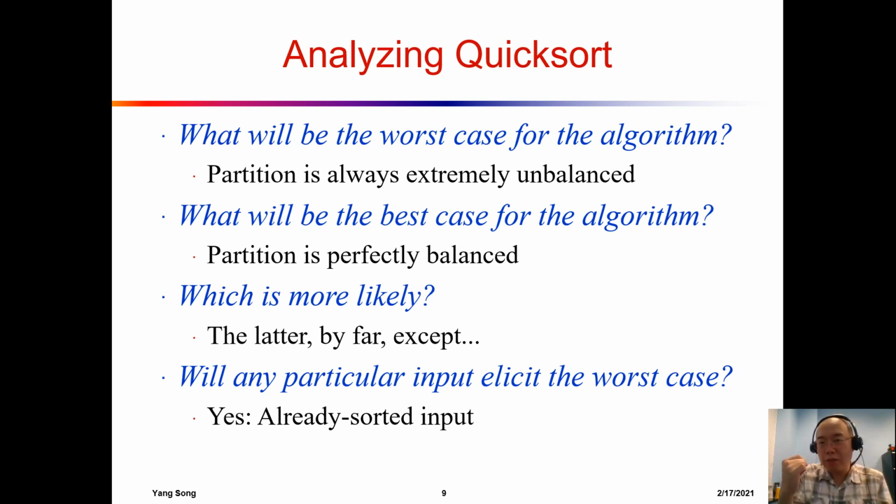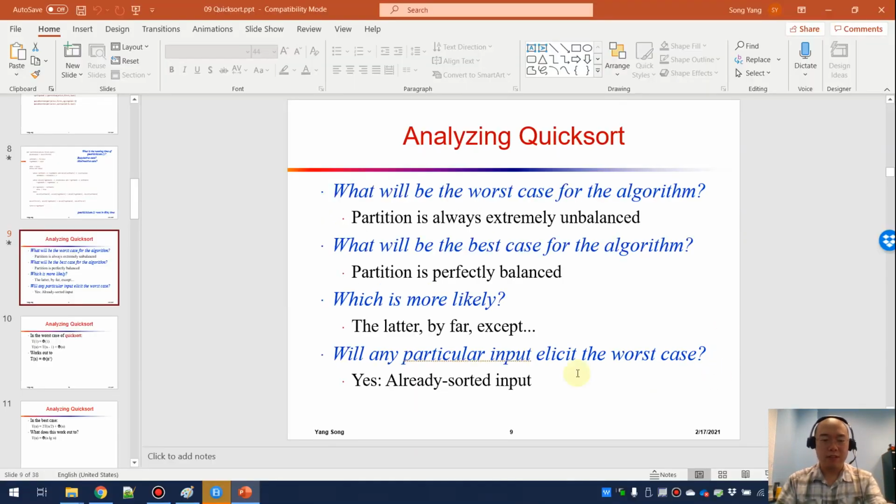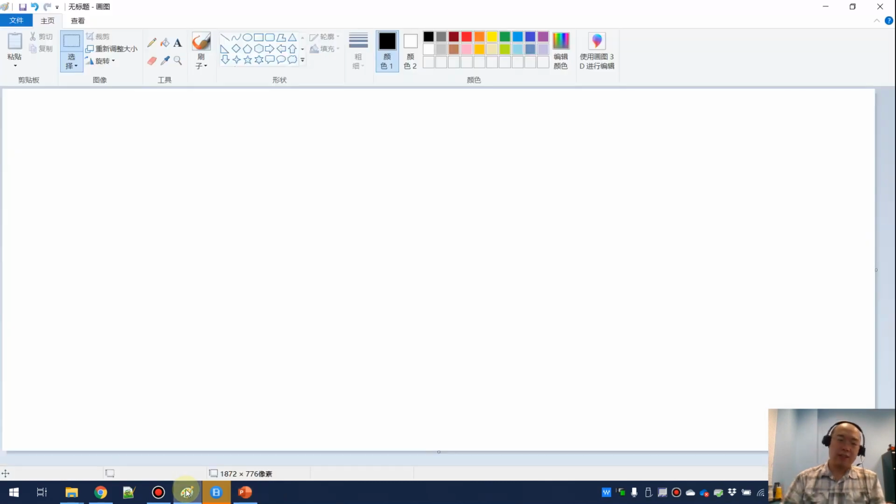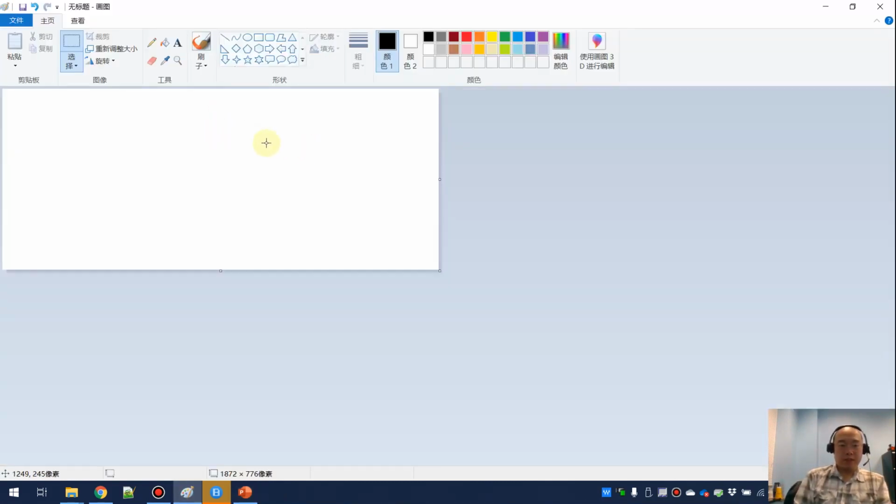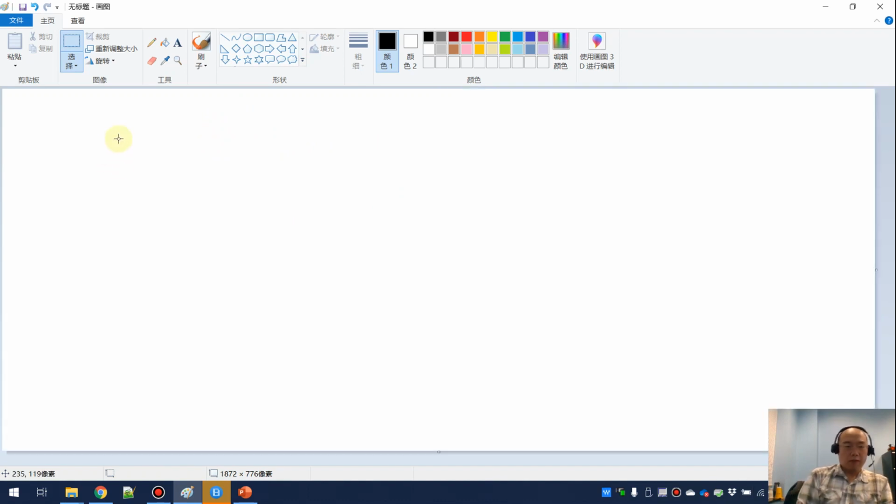We will have the worst case after the worst case after the worst case, a worst case in a sequence. What I mean is, say we have 1, 2, 3, 4, 5, 6, 7, 8, 9, 10.